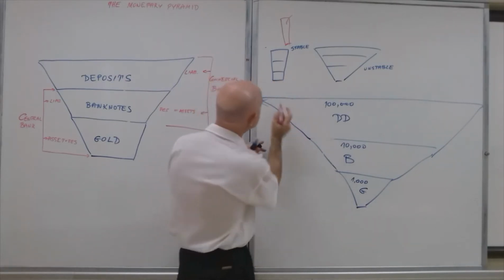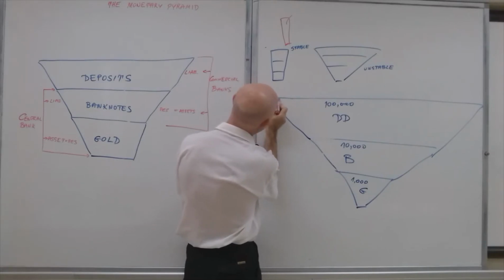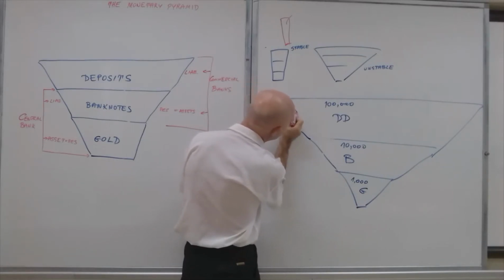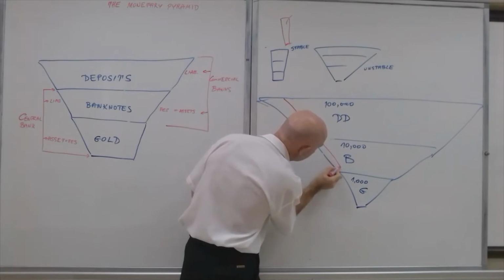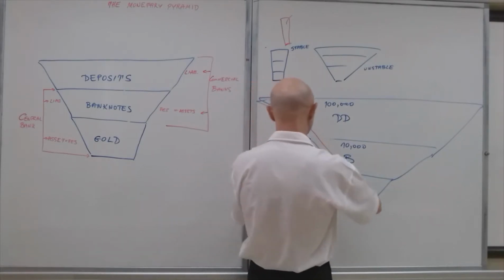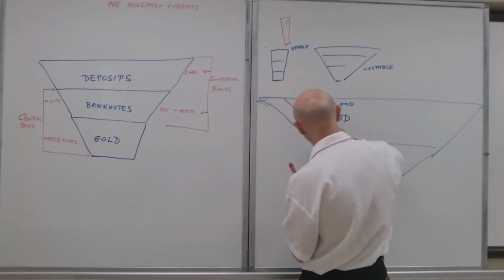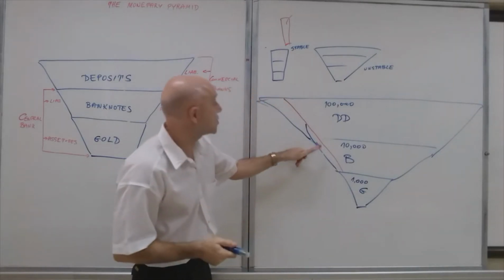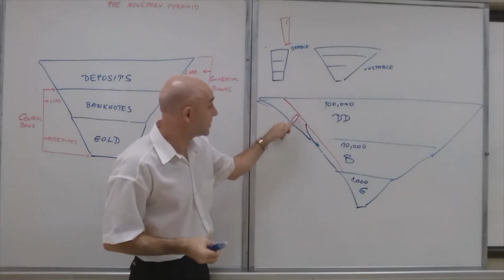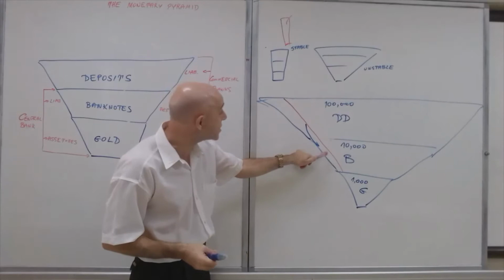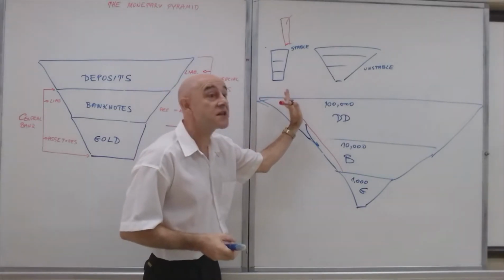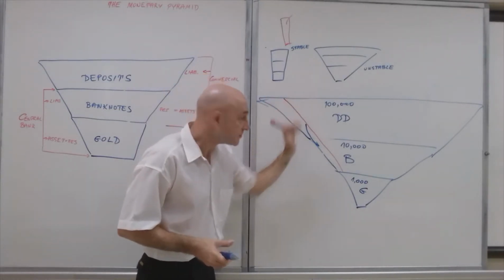And you slice $500 out of the pyramid. This is converting deposit to cash. A small deposit, converting a small deposit into cash, means that the pyramid has got to straighten out a lot.